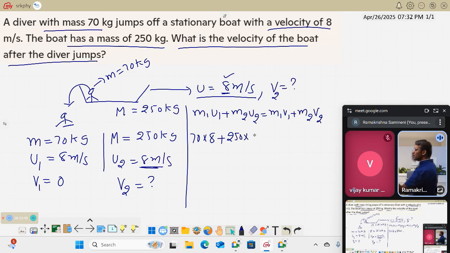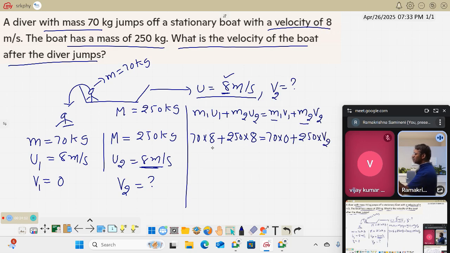This is 8. Both are moving in the same direction, is equal to m1 again, 70 into v1, 0, because he jumped into water, so there is no consideration of speed. Next, m2 is 250 into speed. They are asking to find.